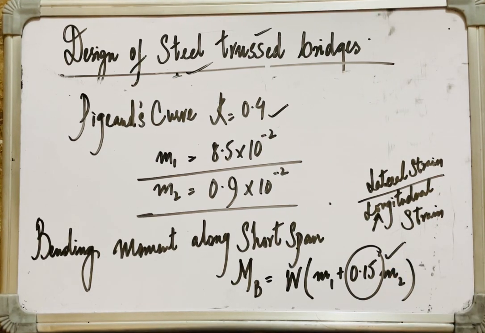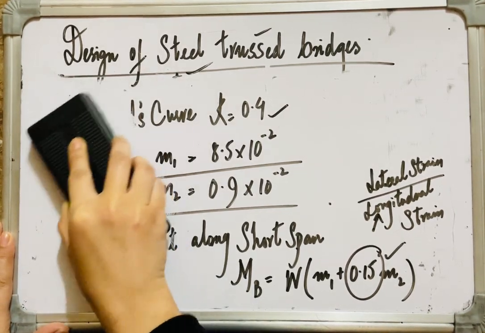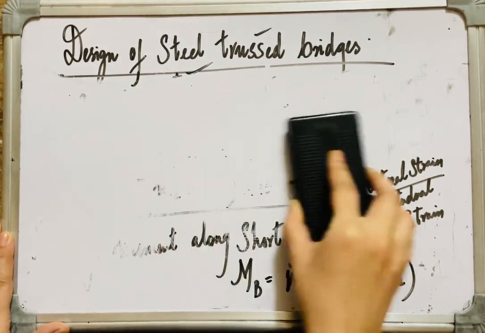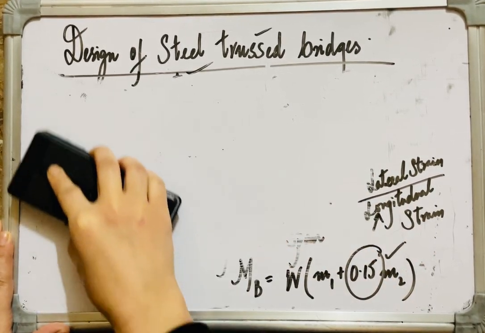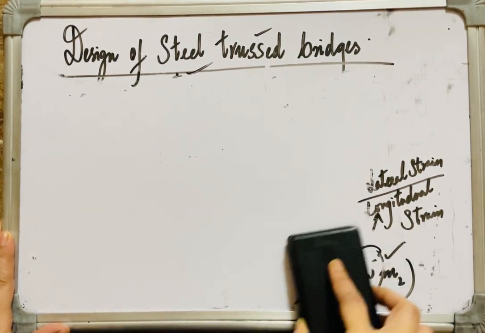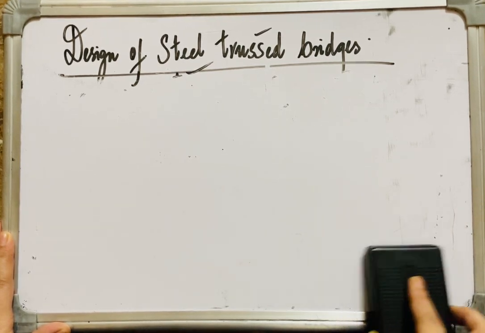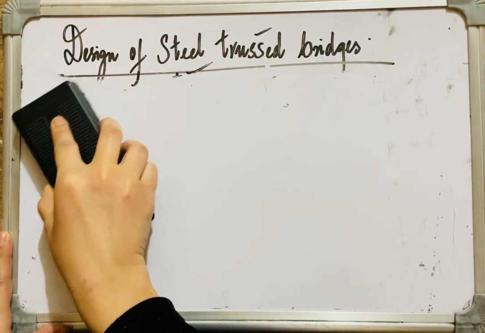All right, now let's calculate the bending moments along both the spans, the short span and along the long span. We have taken the values from Pigeaud's curves for the relevant values of u by b, v by l, and for k is equal to 0.4. I have my moment coefficients.